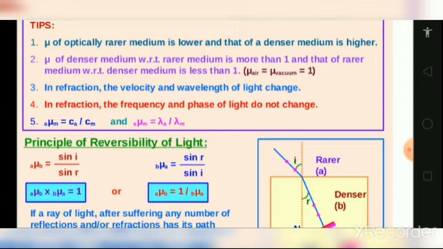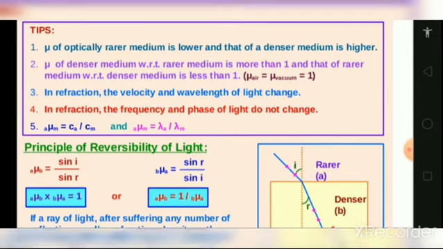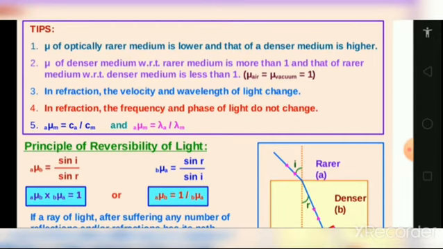In reflection and in refraction, the change of the velocity and the wavelength of light depends on the medium.